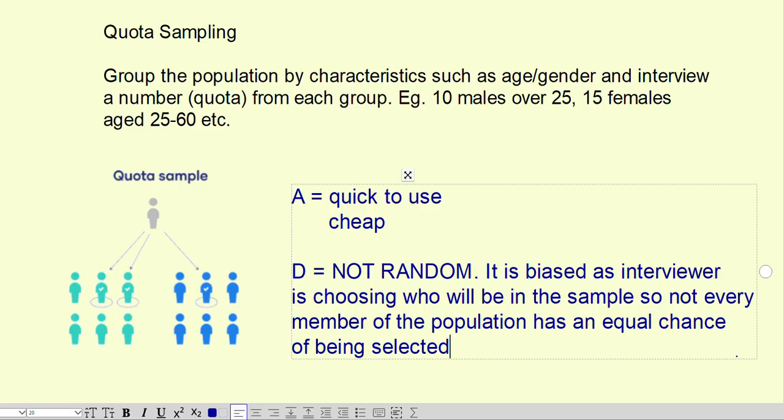What is nice about it though is that it gives an opportunity to get somebody from each group, okay? Whereas with your basic simple random sampling, it could be the situation that you haven't got any males over 25, but if you're making sure that you're selecting people from different groups, from different areas, then it does create a situation where you're getting people from across the board, okay?